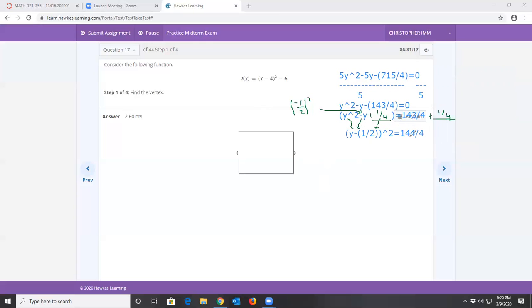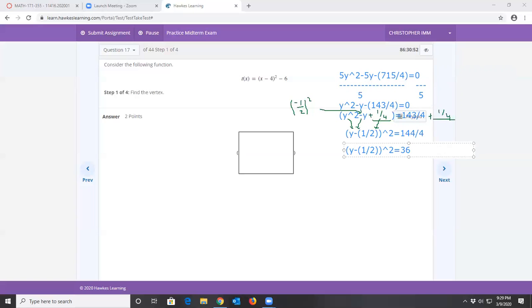And if I add it on, this is 144 over 4. Using the calculator, I get that to be 36. So we have y minus 1/2, that whole quantity squared. Let's change that to a minus. And then that's equal to 36.